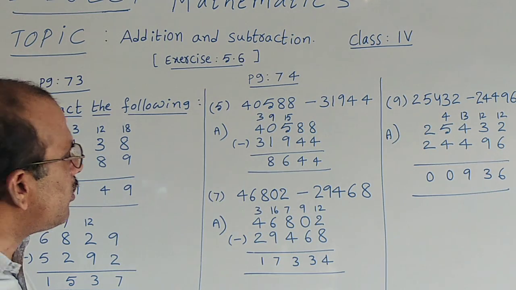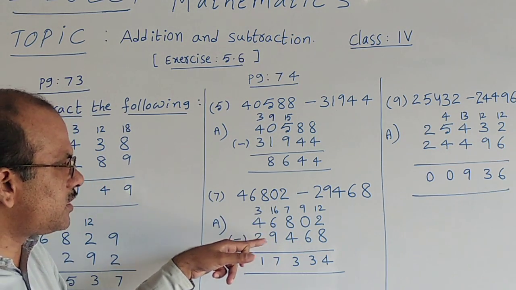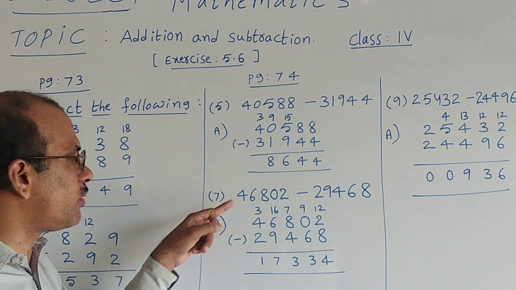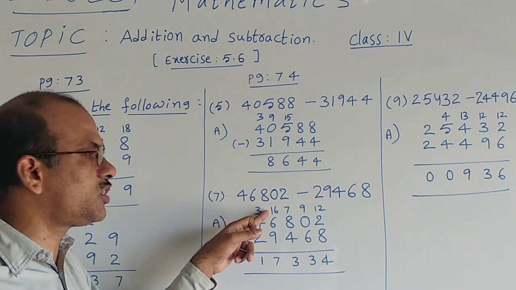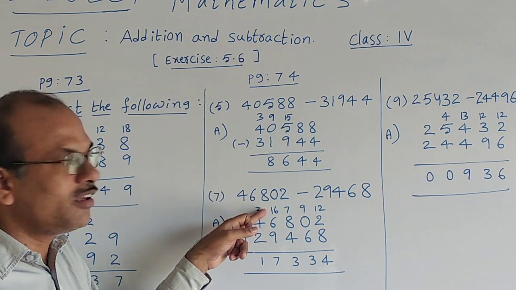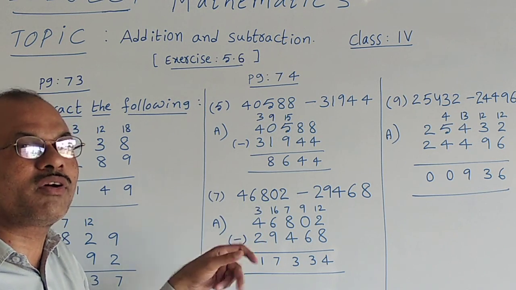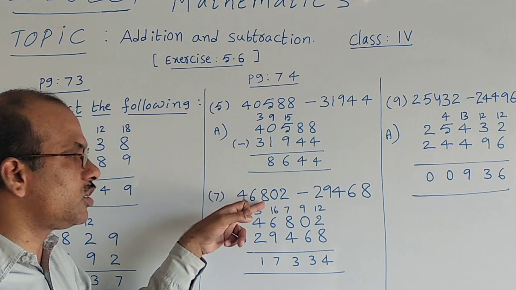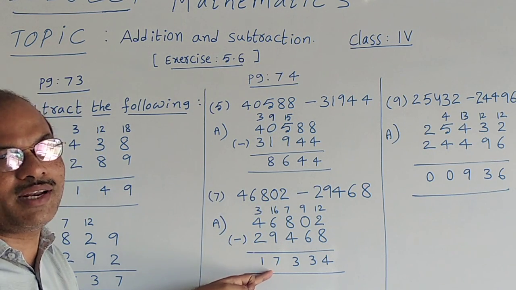Next, here borrow is not given, but 6 minus 9 not possible. So 6 only wants to borrow from the neighboring number. So 10 we brought. 10 and 6 is 16. When 6 is not allowing us to subtract 9 from the 6, then we should go for borrow. 6 becoming 16. 16 minus 9 gives you 7.